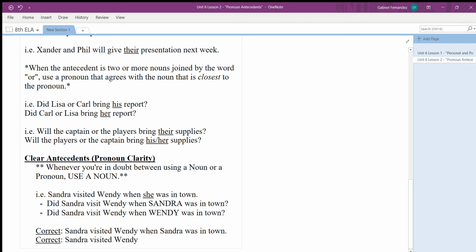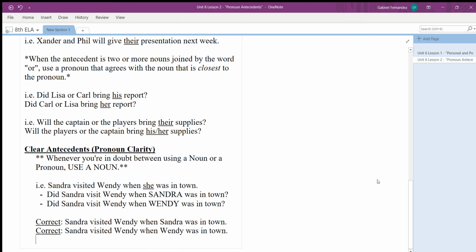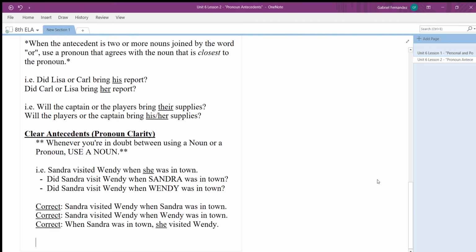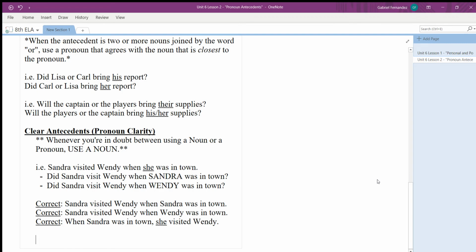Sandra visited Wendy when Wendy was in town. Also correct, to use a complex sentence, when Sandra was in town, she visited Wendy. Okay? You could even say that when Wendy was in town, she was visited by Sandra. Okay? Which would also be correct.